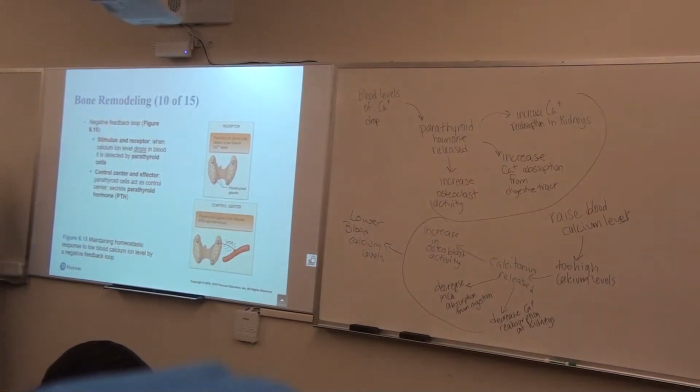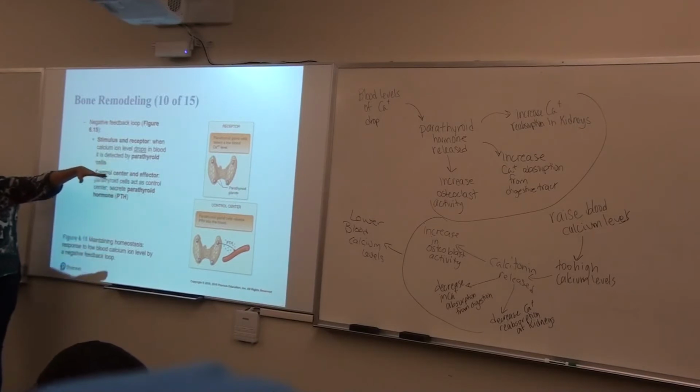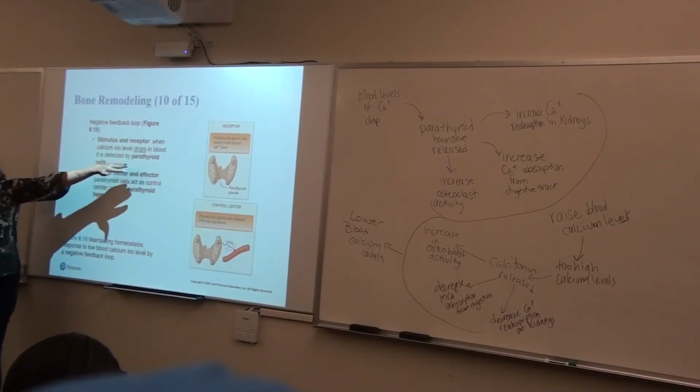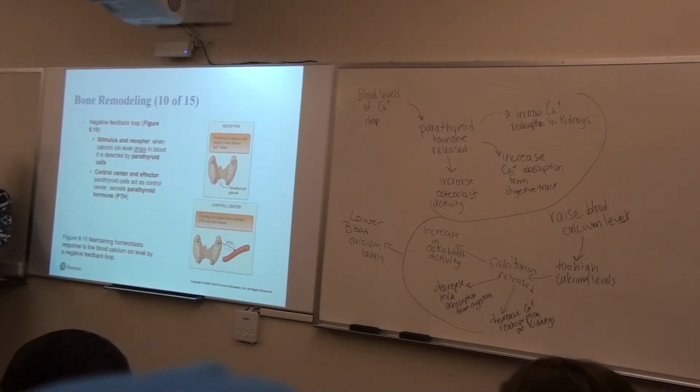So if we think about this in terms of homeostasis, the stimulus is our calcium level. The receptor, in the case of low blood calcium levels, is our parathyroid gland. The control center and the effector are the parathyroid hormone. The parathyroid hormone is going to go out, and it's going to negate that stimulus.